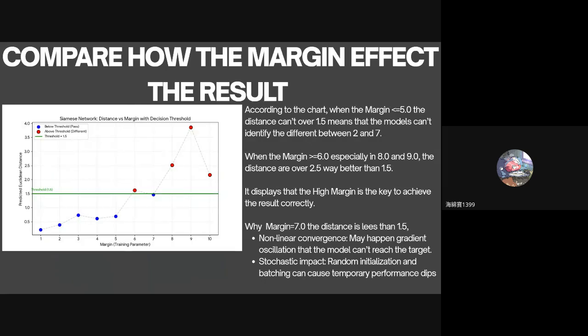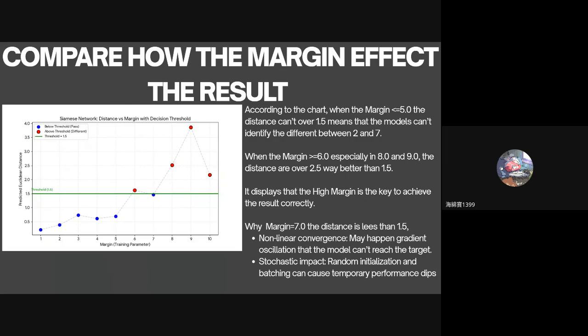And the model's initialization and batching are random, so the random batching and initialization cause temporary performance dips, which cause margin 7 to be less than 1.5. Which is not usual.